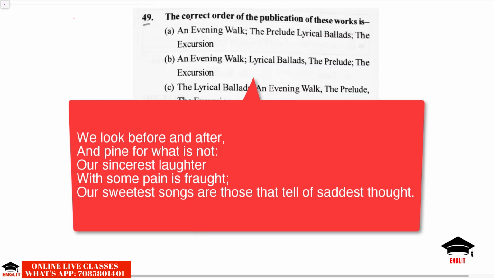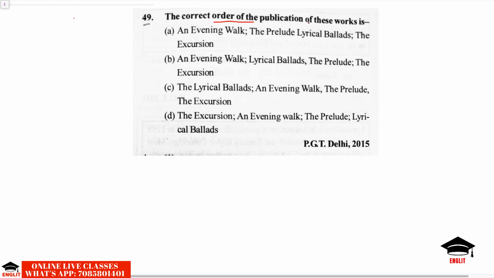Next question. The correct order of the publication of these works: An Evening Walk, the Prelude, Lyrical Ballads, the Excursion. Which is the correct chronological order in which these works have been published? According to these options, actually none of these options is correct.